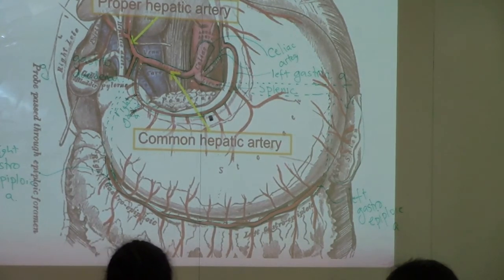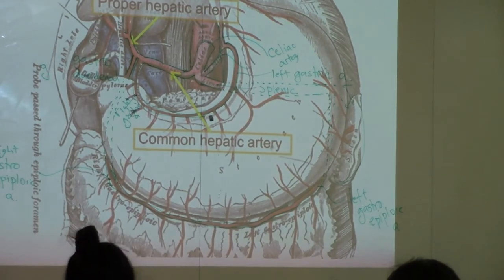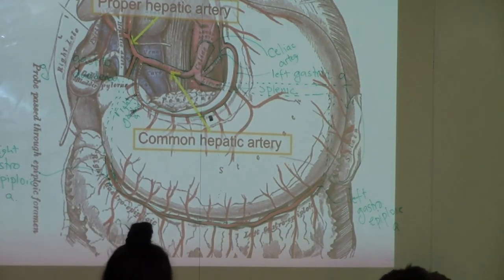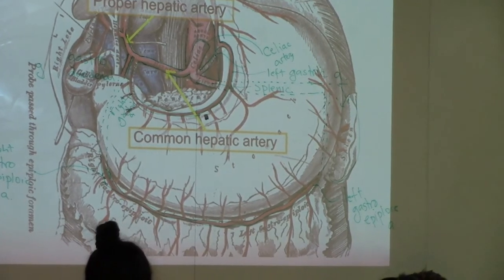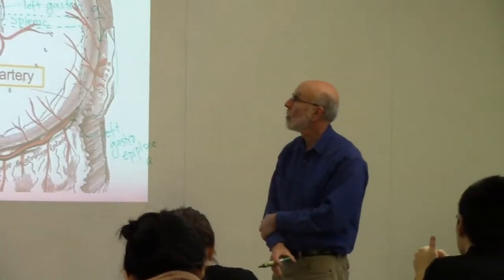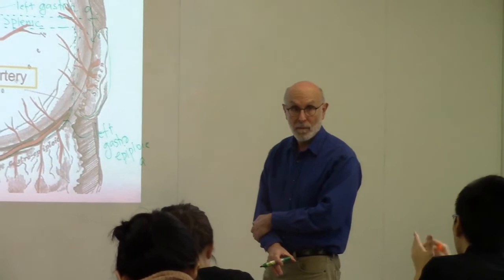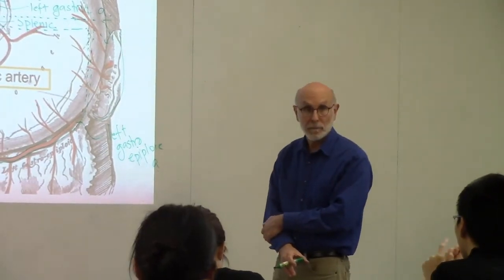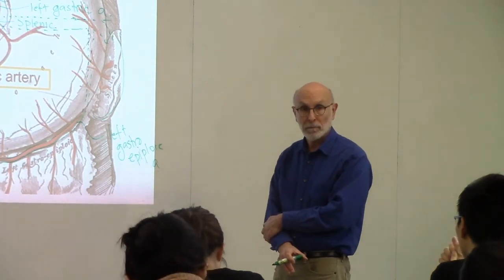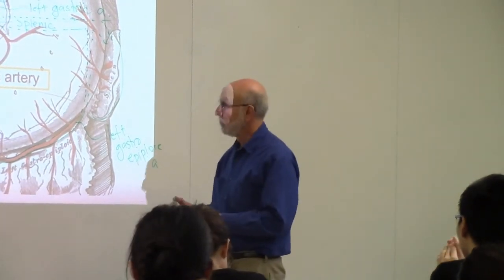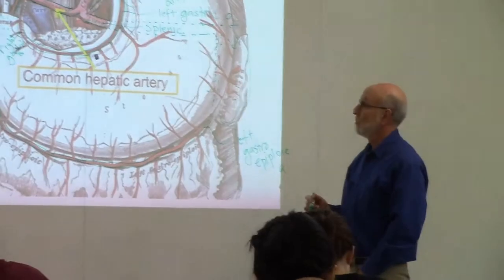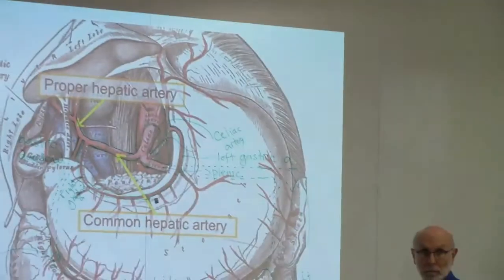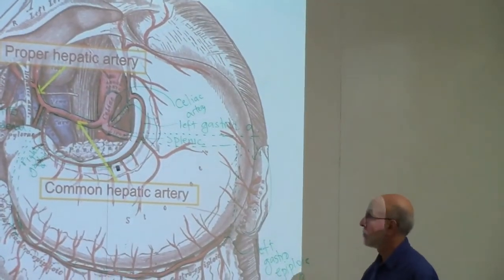So the pathway that is the next episode is one: abdominal aorta and the celiac and the left gastric artery. And the other one is the hepatic and right gastric artery.